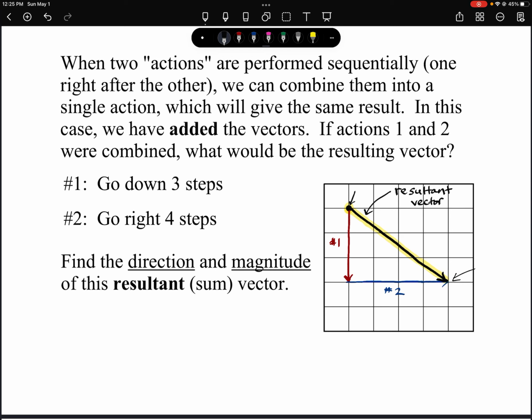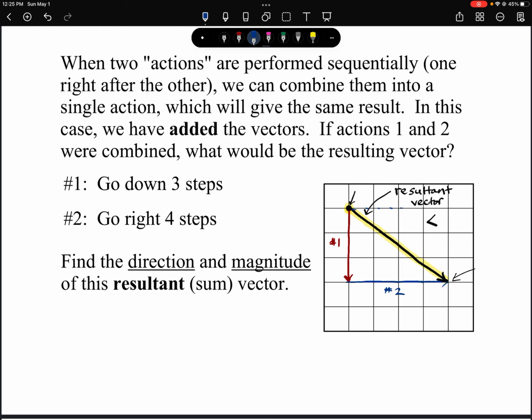Now they want us to find the direction and the magnitude of this resultant vector. Okay, so we can do that. Let's think about the component form of this first. If we started at that top point and went down 3, we've got -3 because we're going down. I'm sorry, we're not going down first, right? We want to write it horizontal, then vertical.